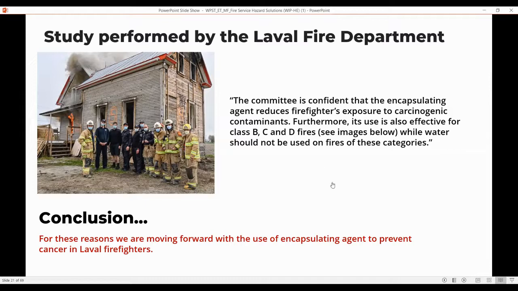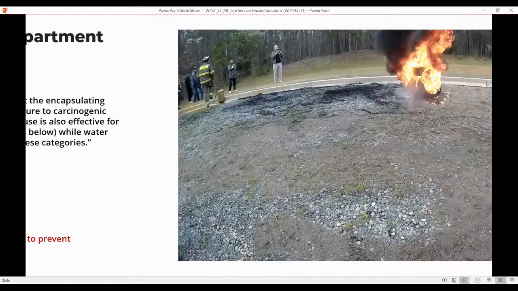It gave them a pretty good indication, along with what they could see with their eyes: how rapidly the fire was knocked down, how the smoke decreased, how the heat decreased. What they could feel and see was backed up by the testing done at Ottawa University.